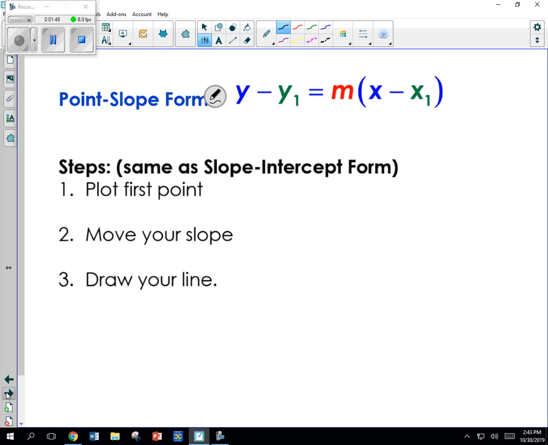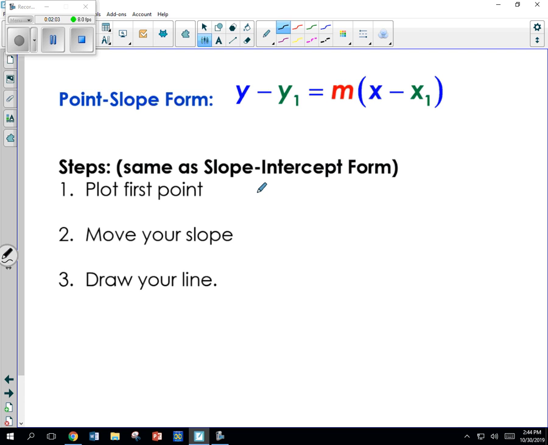The difference is that in slope intercept form, y equals mx plus b, I'm given the slope and a specific point. I'm given where it crosses the y-axis.